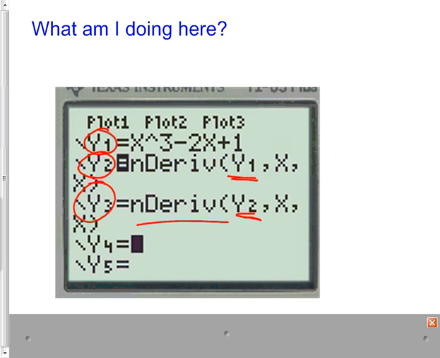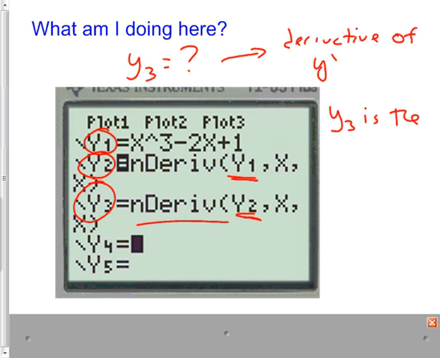Or in other words, what is y3? y3 is the derivative of y prime, or of f prime of x, or dy dx. y3 is the derivative of the derivative of f of x.